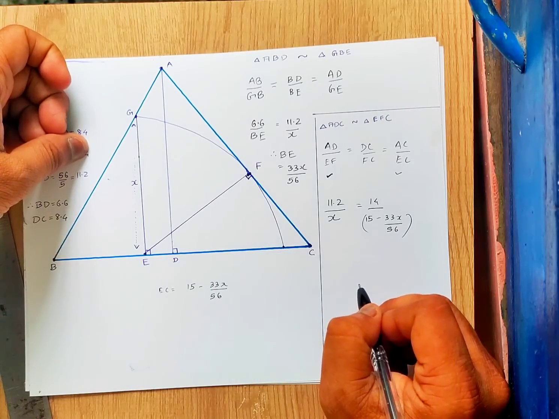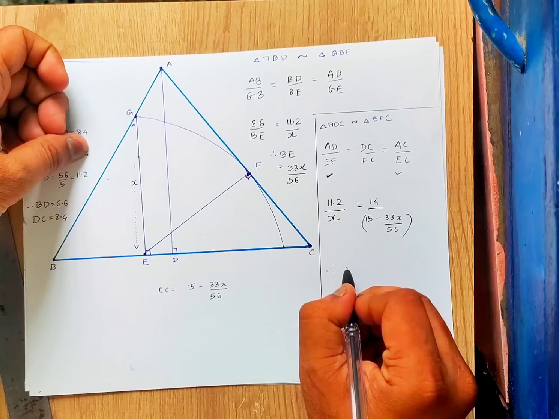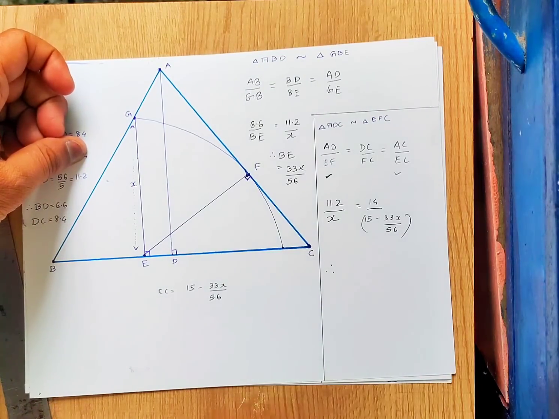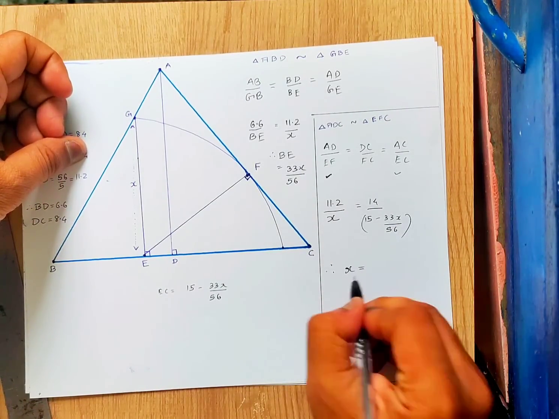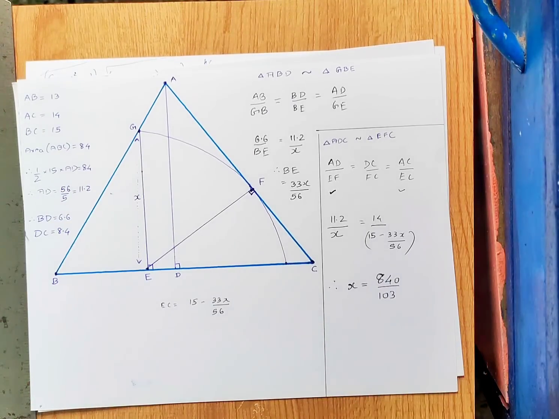Upon solving this, I will get the value of X. I have already solved it, so I'm not going to solve it over here again. The value of X that you're going to get is 840 divided by 103.